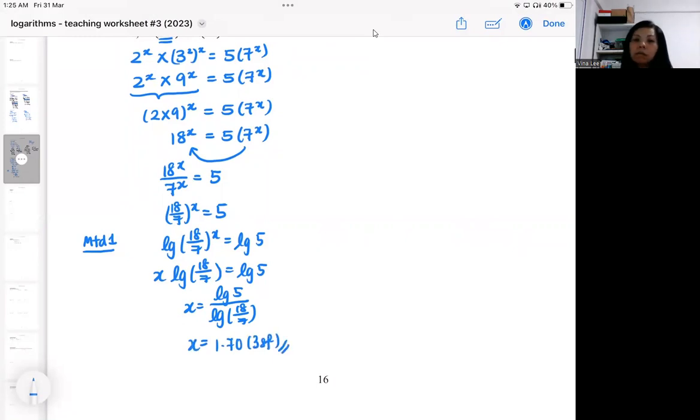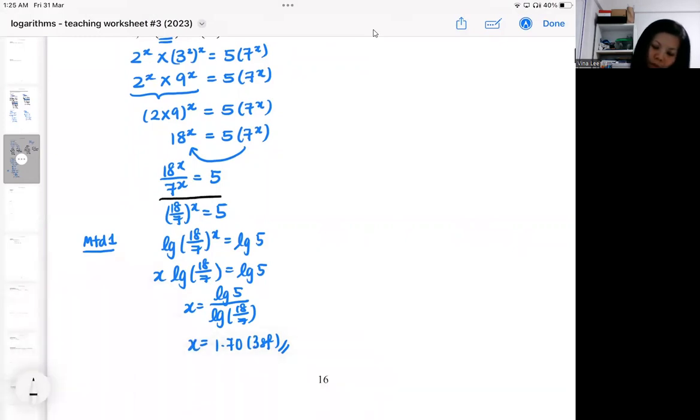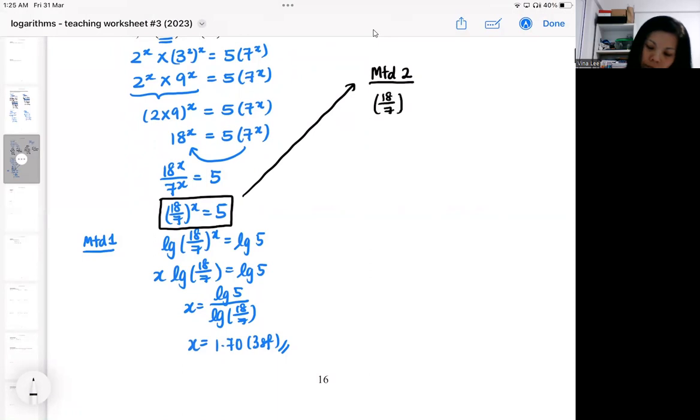Okay, so I showed you method 1. You can also be doing it with method 2. When you hit this point, you can also do it as method 2, but it's a bit more difficult, so I've got to show you. If you are doing method 2, you've got to change to the base that is stated there.